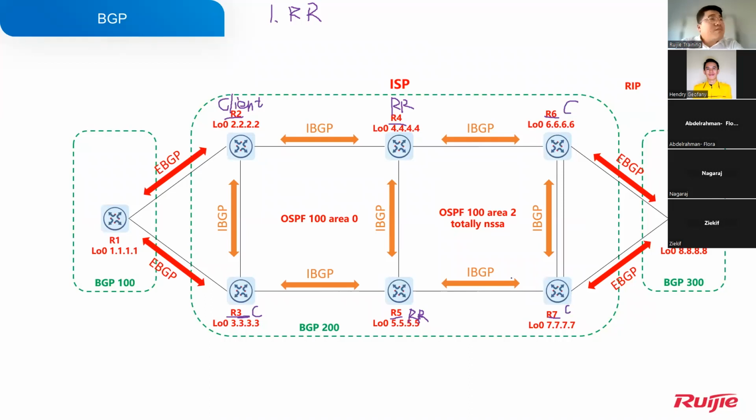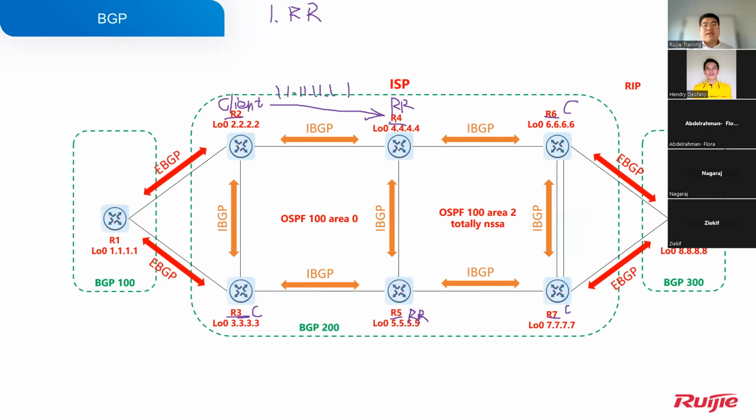And the working principle of RR is that all the routes from the client will be reflected. If we use a route reflector, we use reflect. All the routes from the client will be reflected to all the neighbors, no matter whether it's a client or non-client.